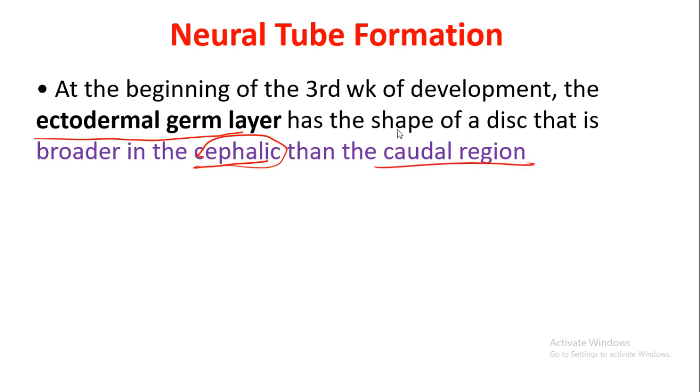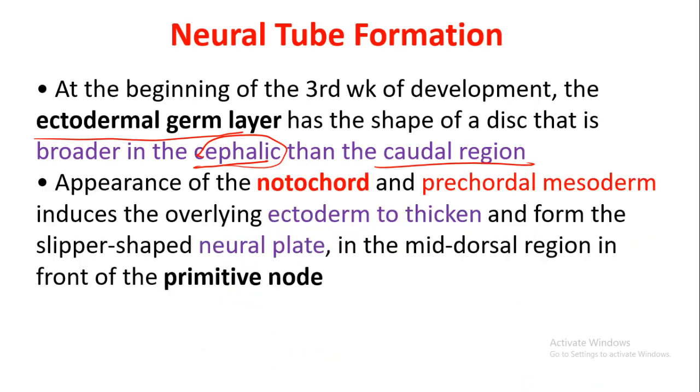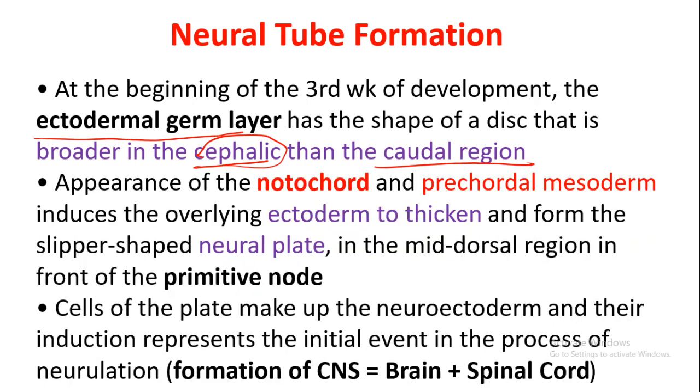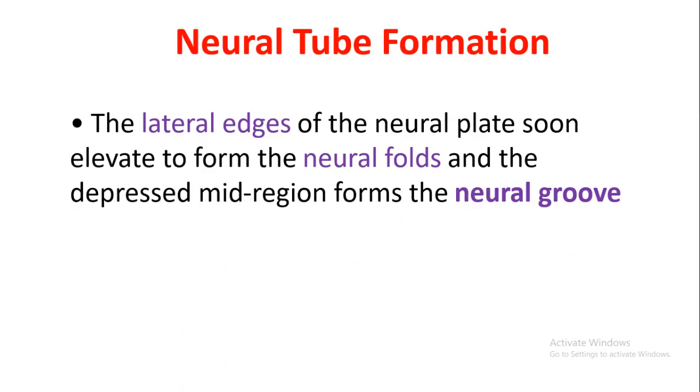With further development, there is formation of the neural folds, and they will start moving medially. As they move medially, they are going to close to form the neural tube.